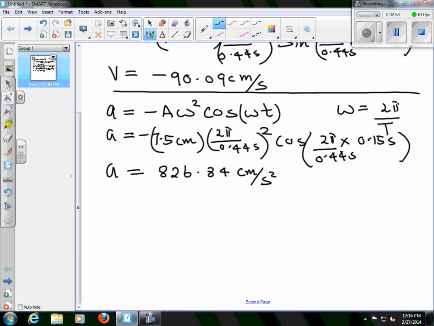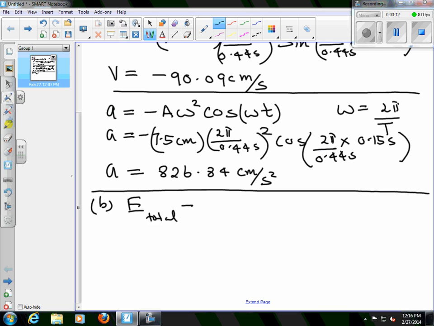And then the second part. What is the total energy of the spring mass system? Now we know the total energy. How do you write the total energy? We proved this in the class.